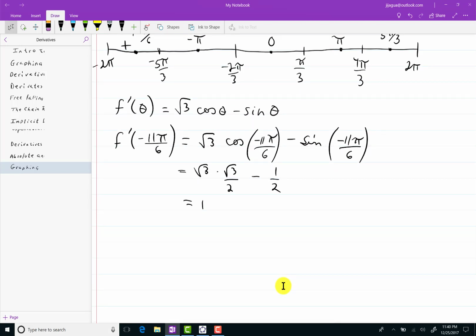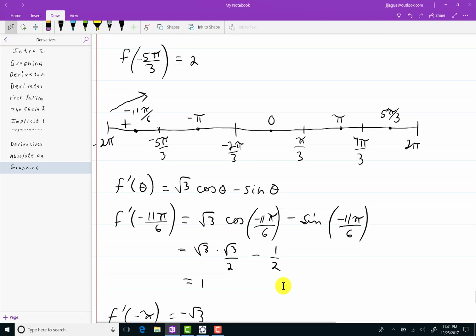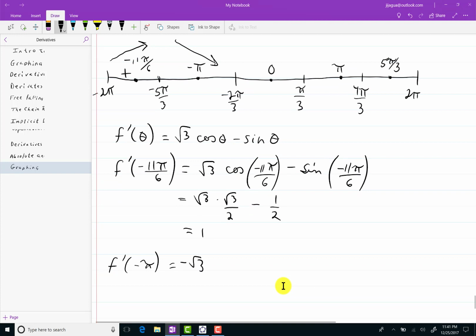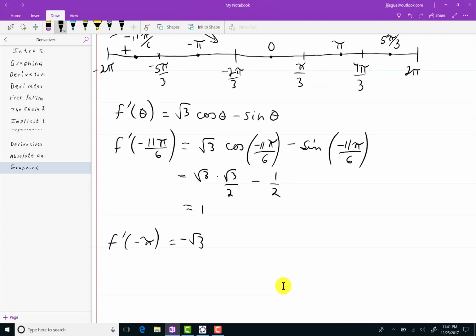Then f prime of negative pi equals, the only sine is going to be 0 here, and cosine will be negative 1. So you're going to get negative radical 3. So it's decreasing. Cosine of 0 is 1.